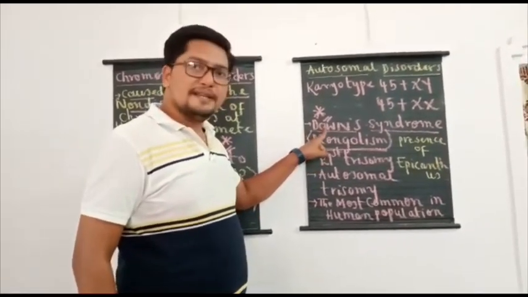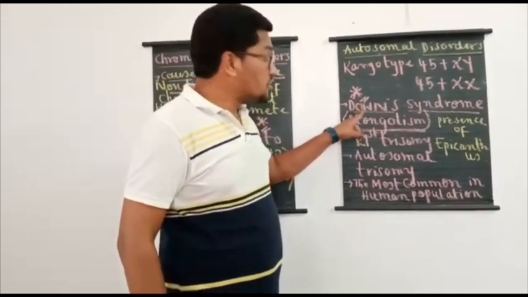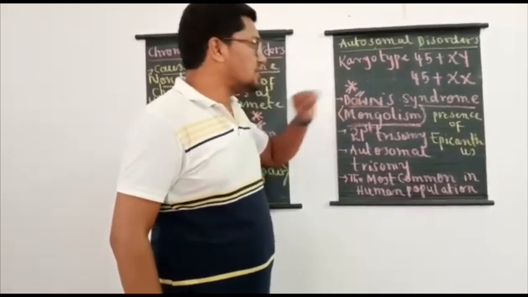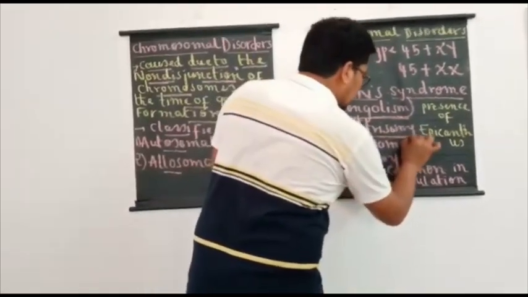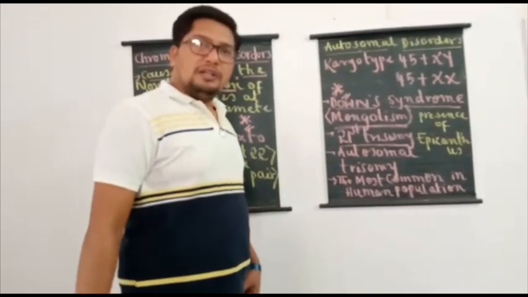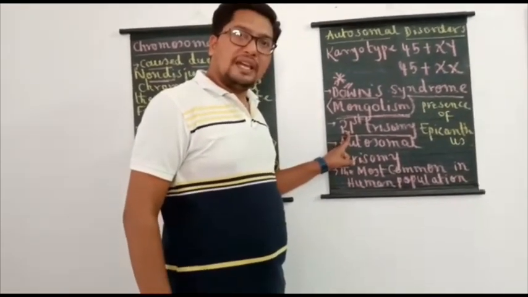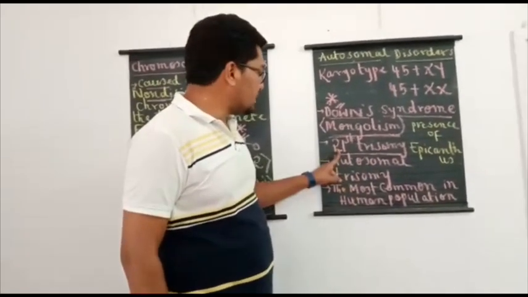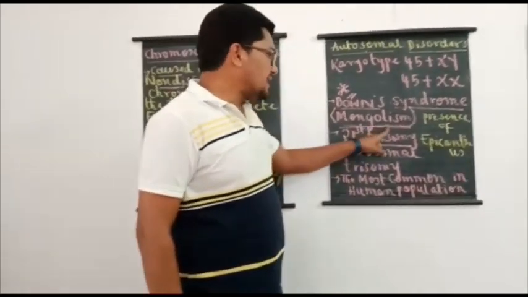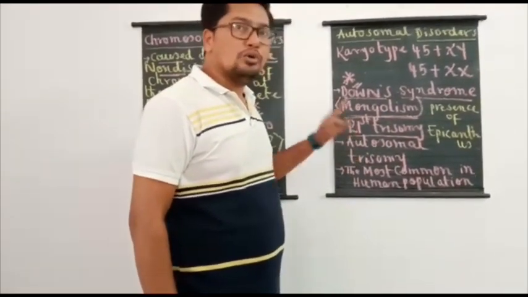So Mongolism or mongoloid idiocy is the other name for which chromosomal disorder? Down syndrome. And what is the reason for Down syndrome? The reason is 21st trisomy. So 21st trisomy is responsible for the chromosomal disorder called Down syndrome.